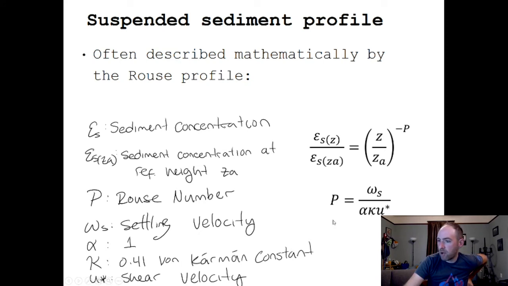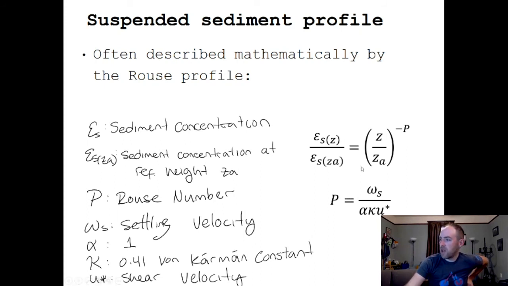And then this kappa, which is called von Karman's constant, and that's just 0.41. It's a constant also in low concentration flows. Times that term that I introduced before, U star here, and that's the fluid shear velocity. It's the term that represents the turbulence in the flow, okay?